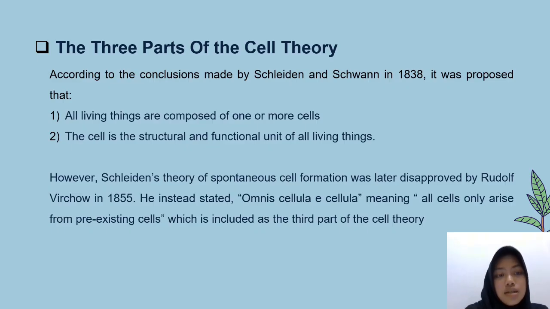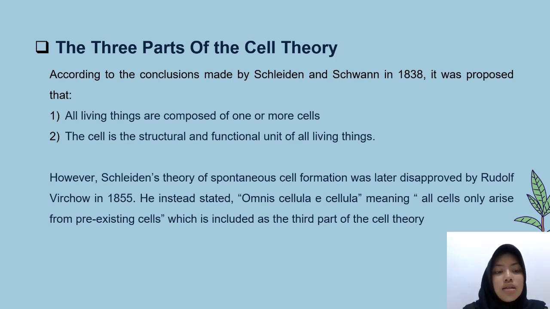Here are the three parts of the cell theory. According to the conclusion made by Schleiden and Schwann in 1838, it was proposed that one, all living things are composed of one or more cells, and two, the cell is the structural and functional unit of all living things.